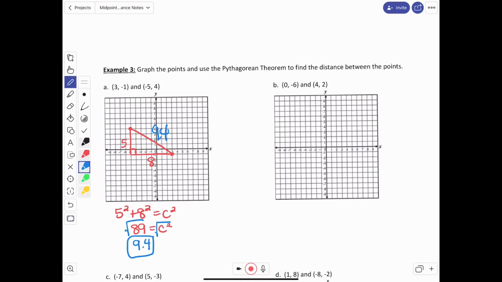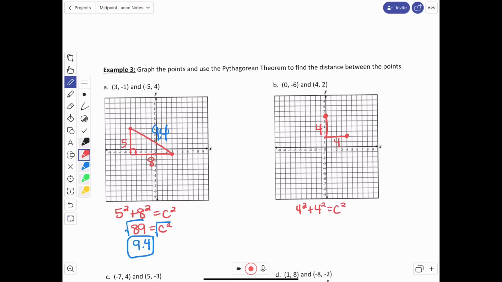So if I plot 0, 6 and 4, 2, okay, I know that this distance is 1, 2, 3, 4, and this distance is 1, 2, 3, 4. I've got 4 squared plus 4 squared equals c squared.